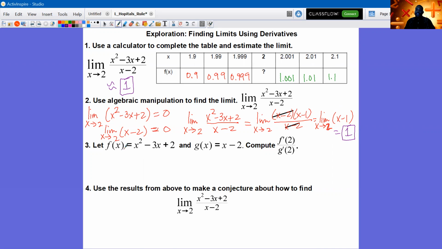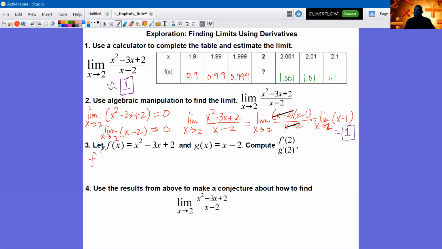Part 3 says let f of x equal x squared minus 3x plus 2, and let g of x equal x minus 2. Compute f prime of 2 over g prime of 2. So this is using calculus to determine what this is.